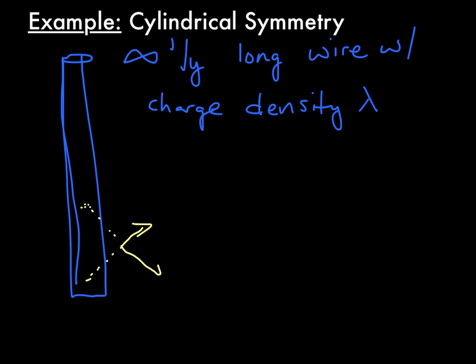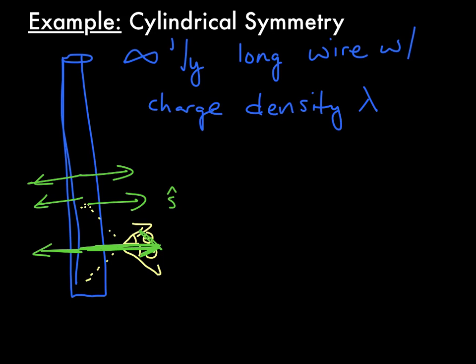It comes here, and what do you know? This angle equals this angle. So the only electric field that you're going to be left with is something that points this way, or this way, pretty much all the way around, but straight out. And I'm going to call this S hat.